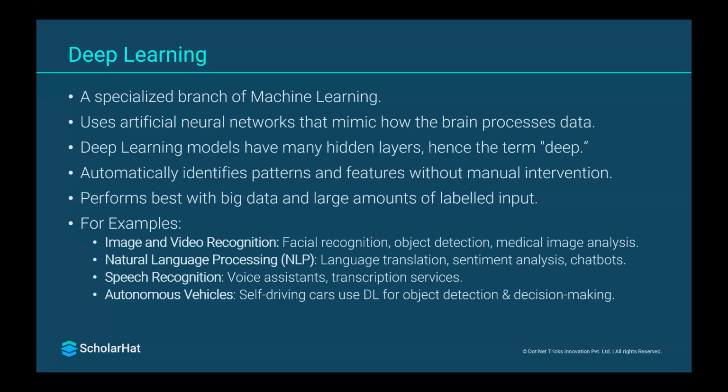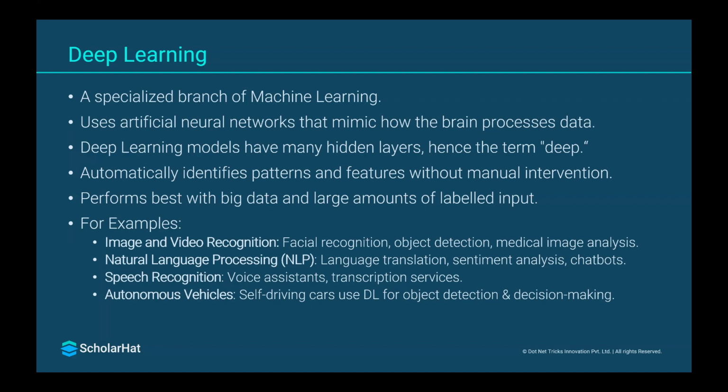Deep learning uses artificial neural networks that mimic how the brain processes data. It is about how a human brain takes a decision, and what happens when you, as a human being, take a decision. In deep learning models, we have many hidden layers. That's why the term is deep. Deep learning automatically identifies patterns and features without manual intervention.